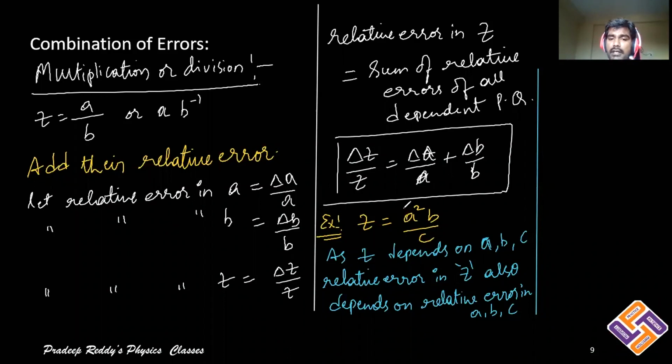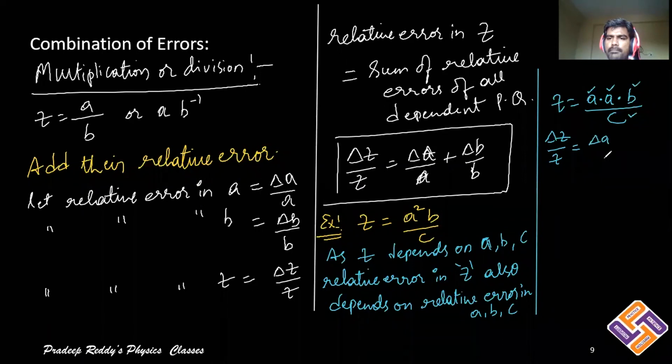But check it here, A is repeated twice, A square. A square in the sense A is repeated twice. So how do you write it? A into A into B divided by C. Okay. Then how do you write relative error? Delta Z by Z, the relative error in Z, is depending upon this A, this B and this C. So how do you write relative error in A?